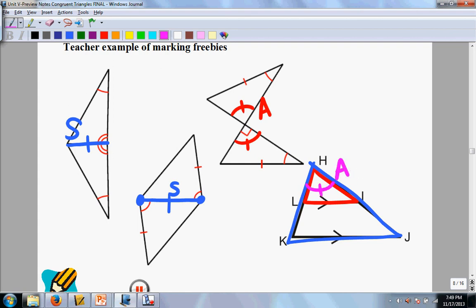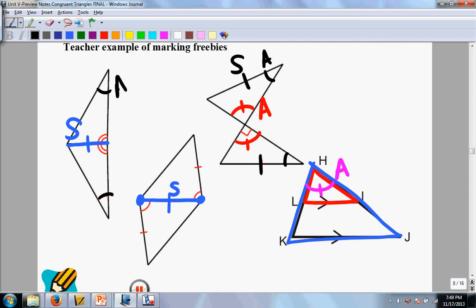Those are freebies. Now notice we have other things pre-marked congruent here, for example, this pair of sides. So go over those, hatch mark, put an S. Go over these, that's an A. Here we have a pair of angles.